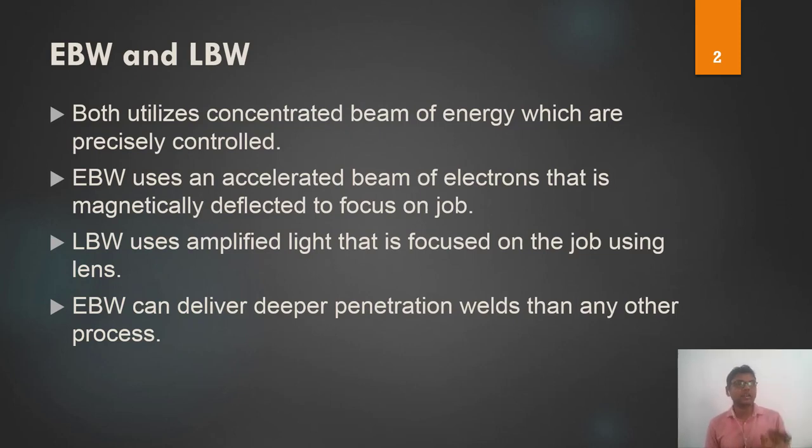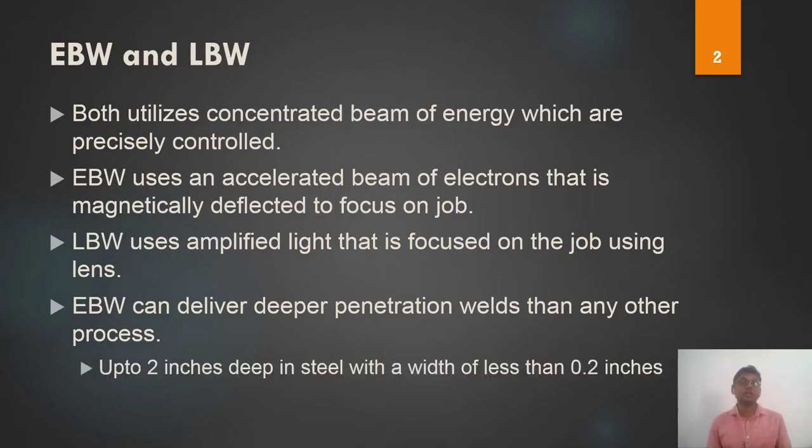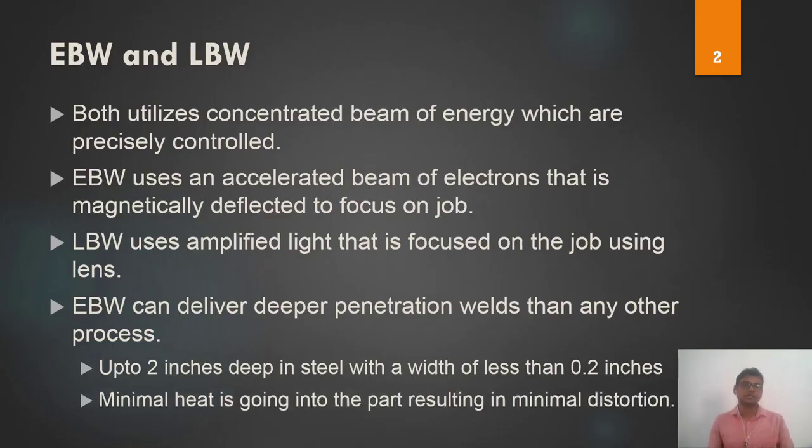That is the main advantage of electron beam welding, that we get very deep penetration, and above all, it is written 2-inch deep in steel with a width of less than 0.2 inches. That means the heat affected zone is very small, so the chances of distortion are very less.